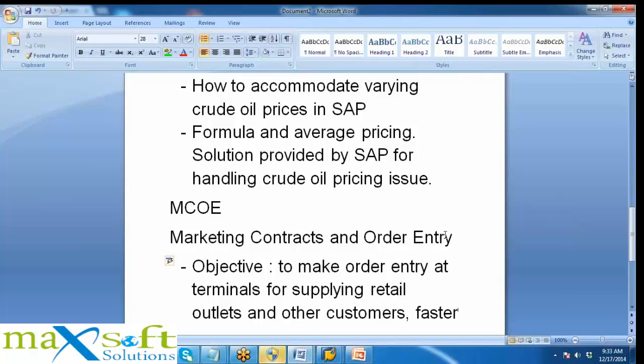So how to manage that situation? How to manage supplying the product faster? Those things are taken care of by MCOE, marketing, contracts and order entry.